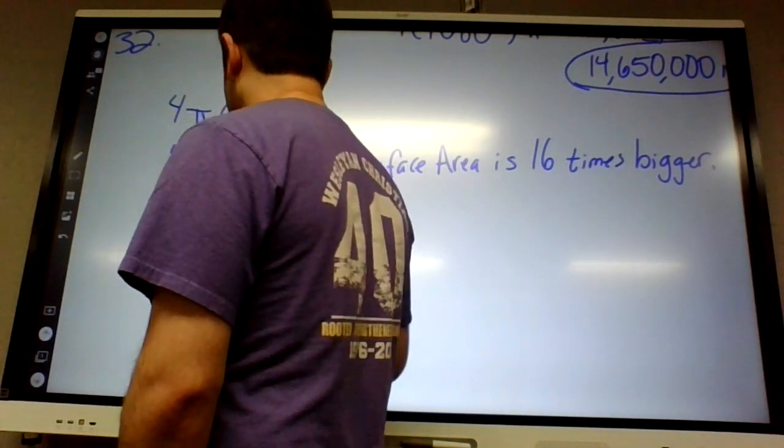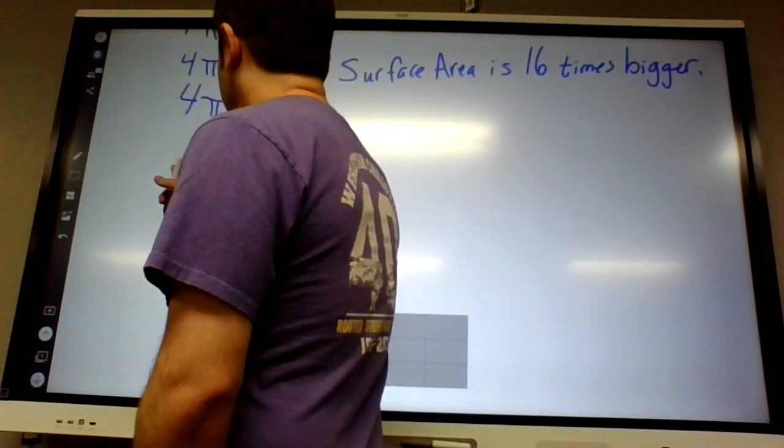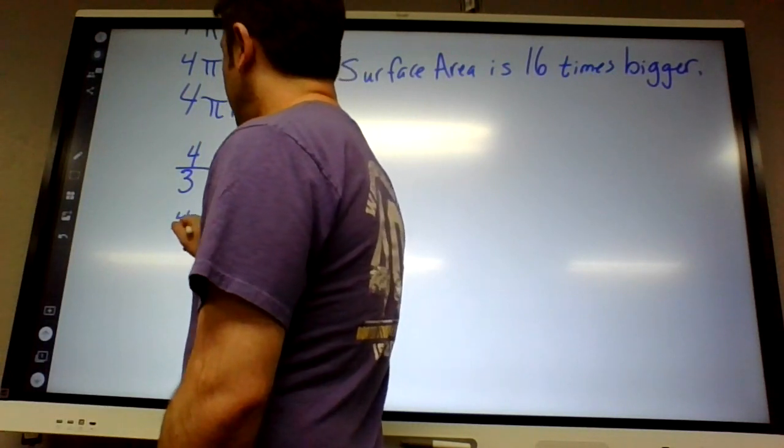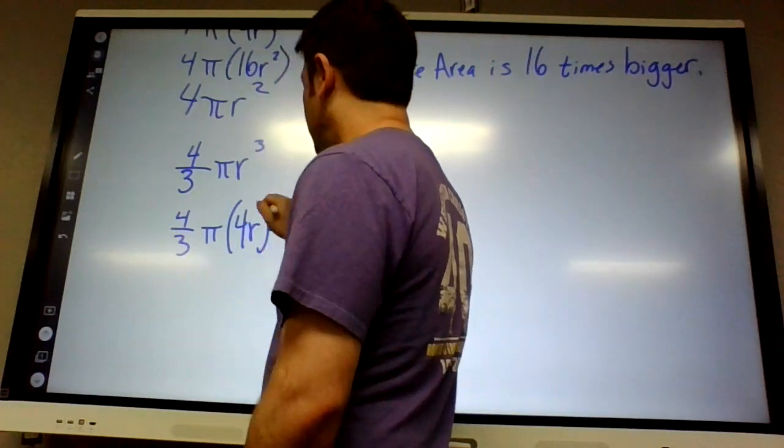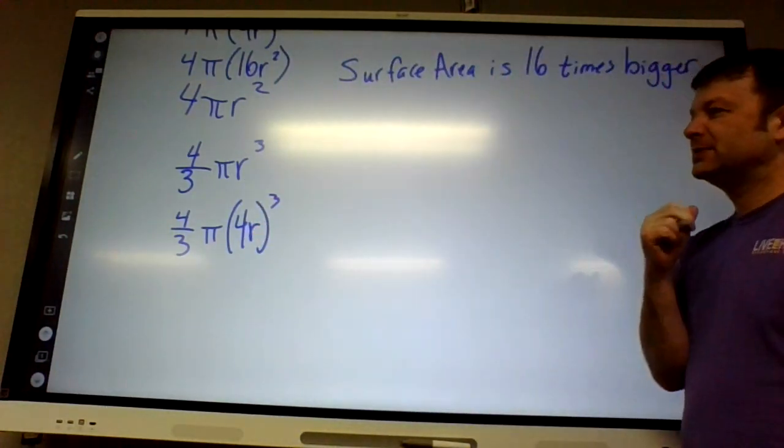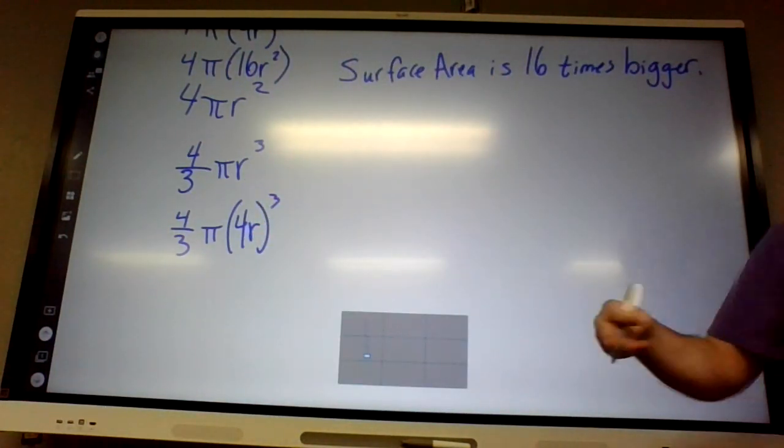Okay, and then it asks the same thing with the volume. How much bigger would the volume be? So this is the volume formula of a sphere, and if we make the radius 4 times bigger, it would look like that.